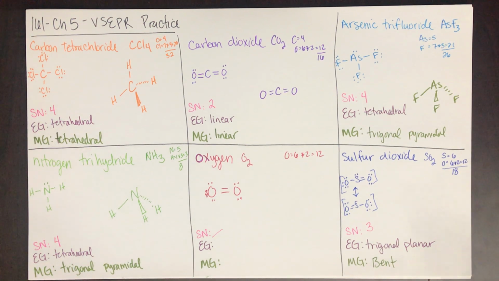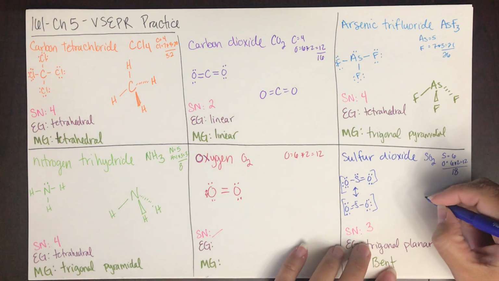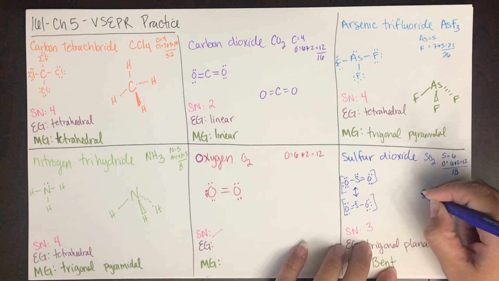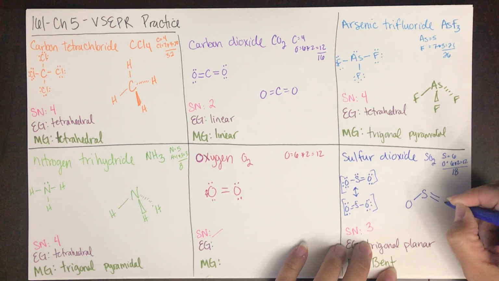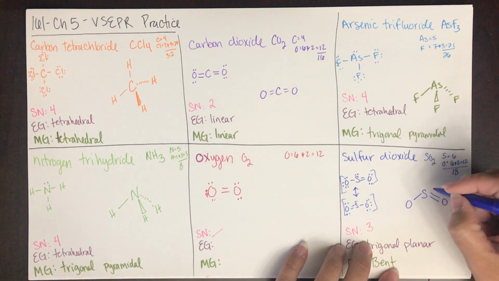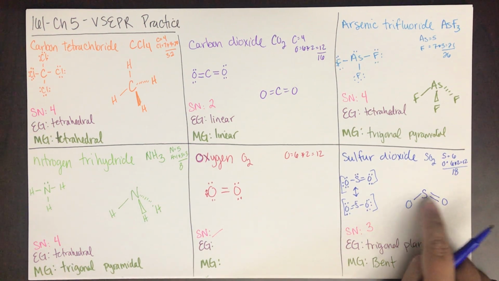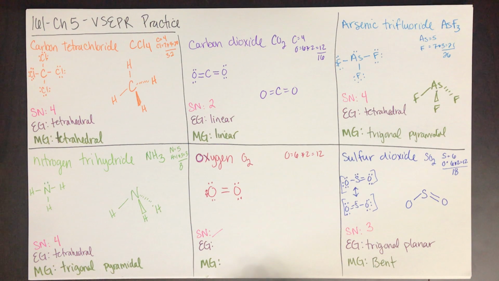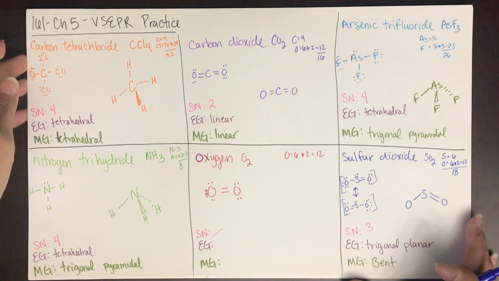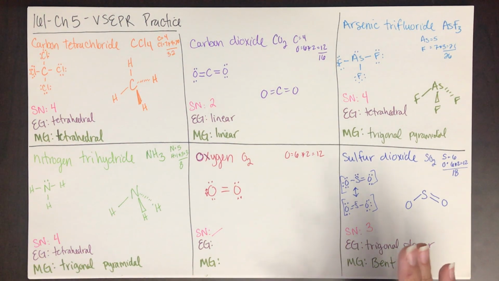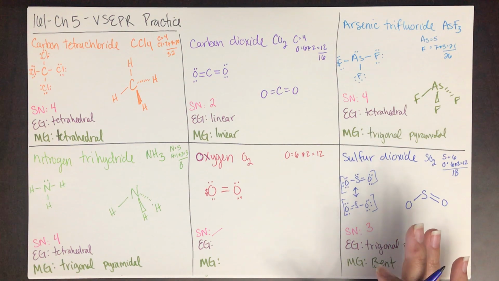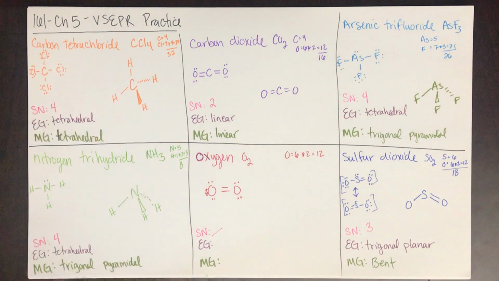So the way that I would draw this is it would look like this. And you would not necessarily need to show the electrons on any of them. But this double bond could exist in either place. So these are some examples of determining molecular geometry from the shape of the Lewis structure based on how many things are connected to that central atom.